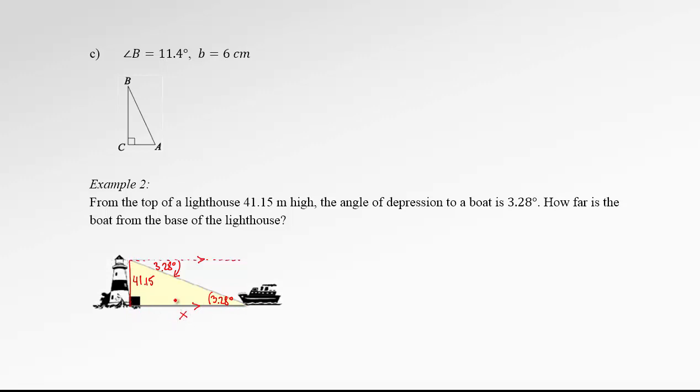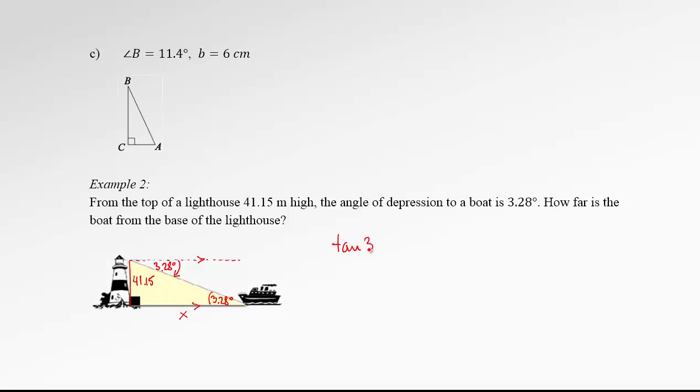Okay, since we already have all data placed in this right angle triangle, we have one side given and the opposite angle given. We can create one of the trig ratios that will involve 41.15 and x. And which ratio is it of 3.28? It is opposite over adjacent, so we work with tangent.